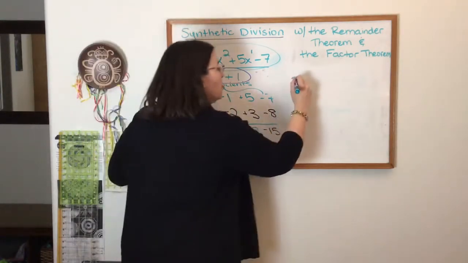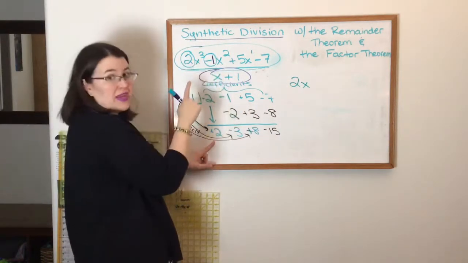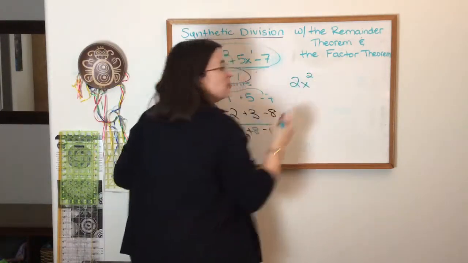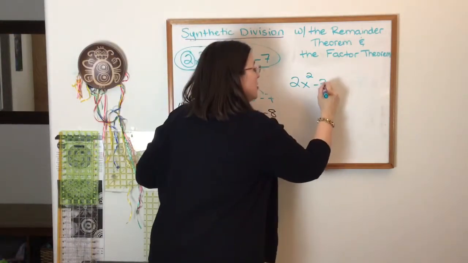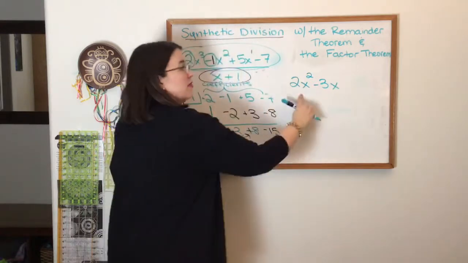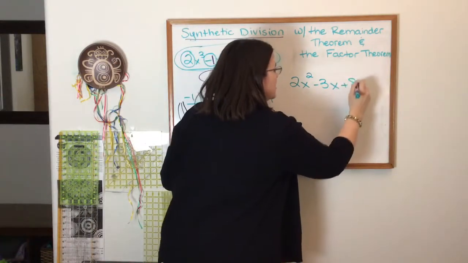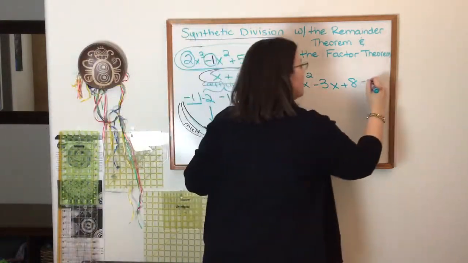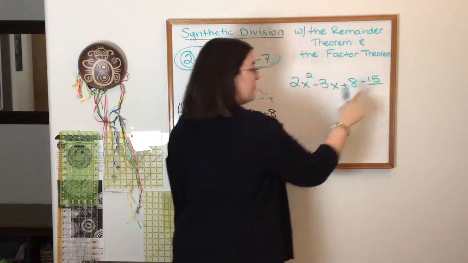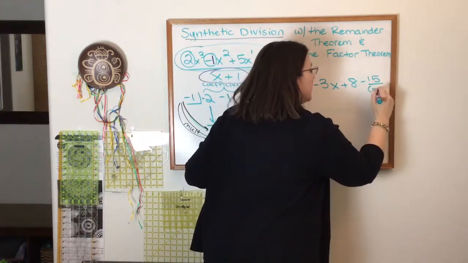So this 2 is going to have an x, but instead of being an x to the third, because I divided, it drops the power to x squared. Now the minus 3 gets an x, because you go down in power. The 8 is just a plain 8. And that negative 15 now is my remainder. And to show that I divided it, but I didn't get a whole piece, I put it over what I divided by.